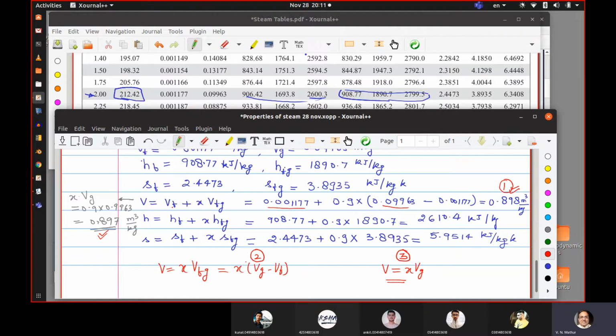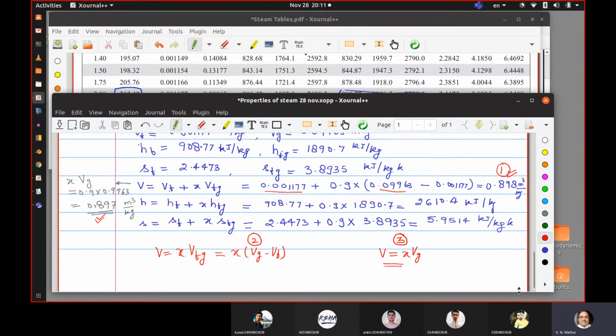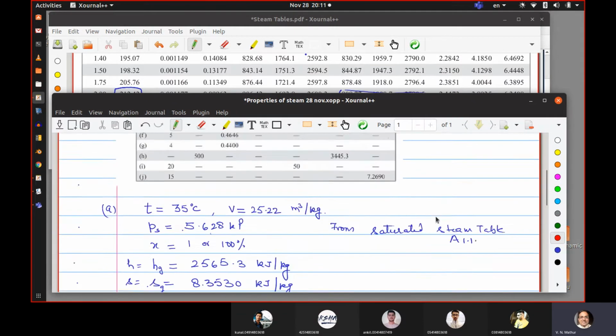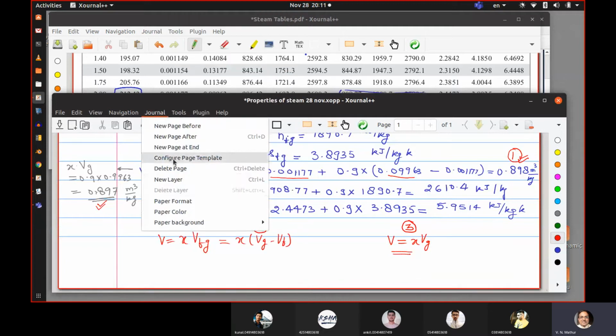This is applicable only for calculation of volume. Don't use this for enthalpy and entropy, although once you have practiced a large number of questions, you will get a fairly rough idea of what these values should be.